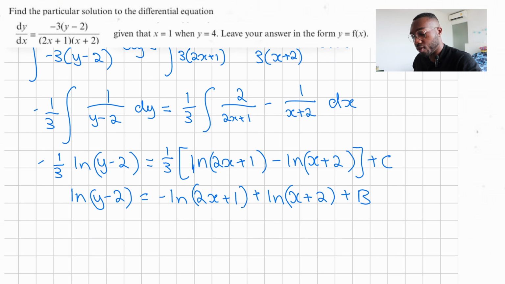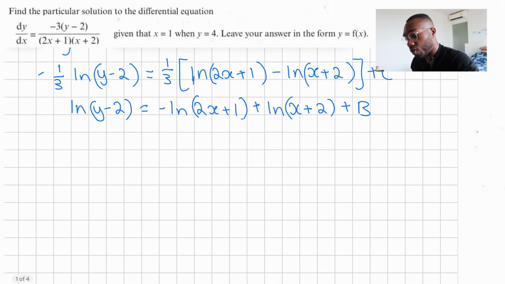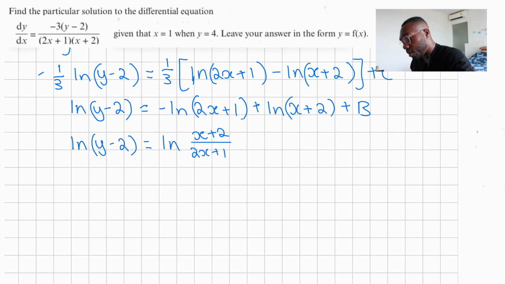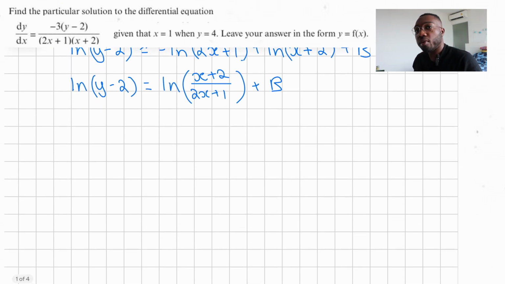And now what I will do is I will just combine my lns together. So we have a ln(y-2), and that will equal a ln((x+2)/(2x+1)), and that is just plus b, my constant. And now at this stage, this is where we want to take e's.